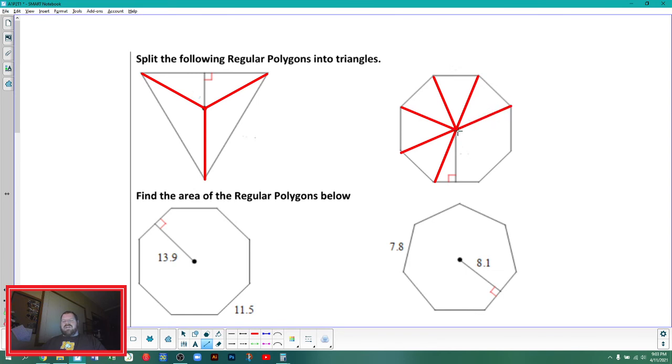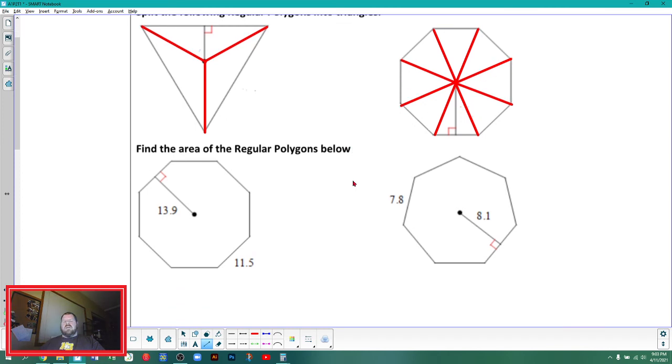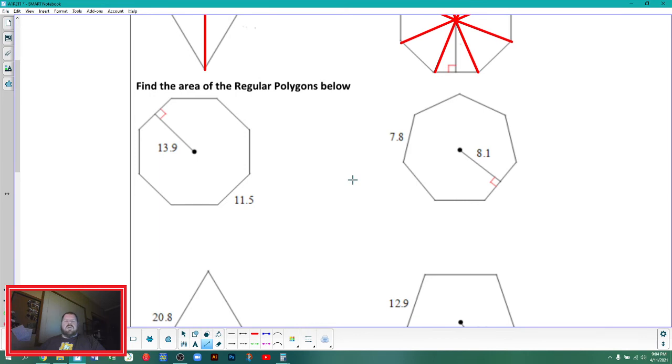But I'm trying not to make this take forever, because we're not really doing any problems right now. But we want to pinwheel all of our shapes when we're doing this. That's an important step, because it tells you how many triangles there are. But if we use our formula, we don't need it.